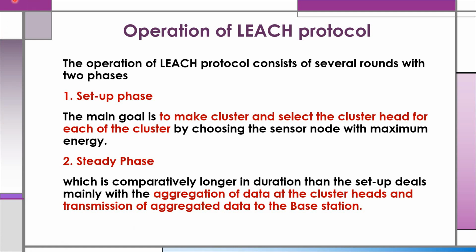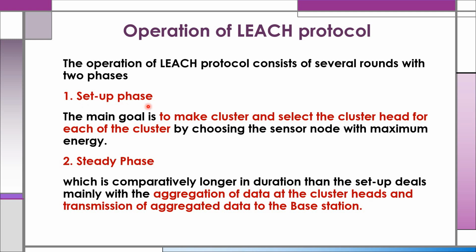So, the operation of the LEACH protocol. The operation of the LEACH protocol consists of two phases. One is called the setup phase, another one is called the steady phase. In the setup phase, the main goal is to form clusters and select the cluster head for each cluster by choosing the node with maximum energy.